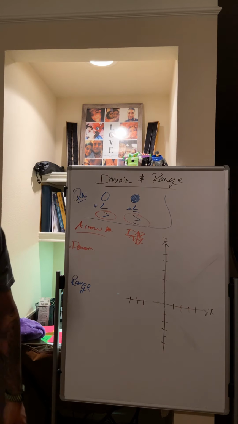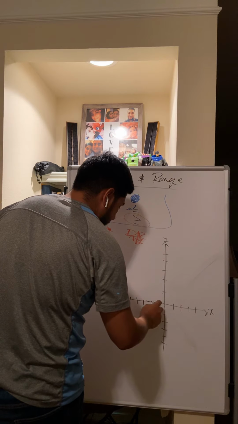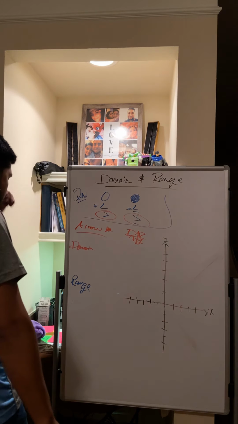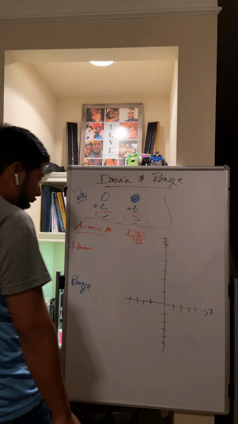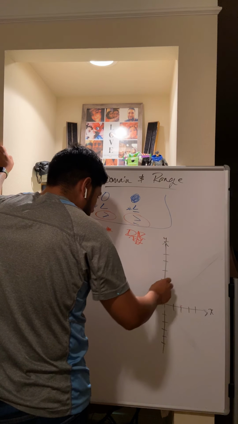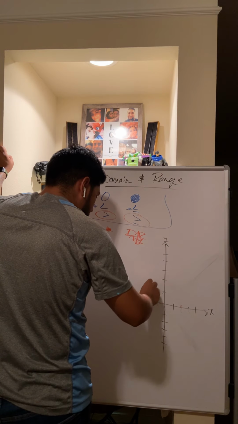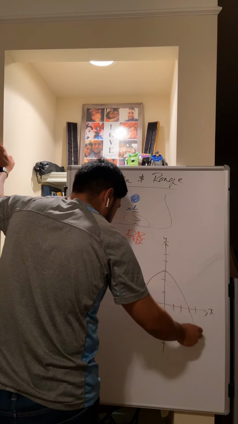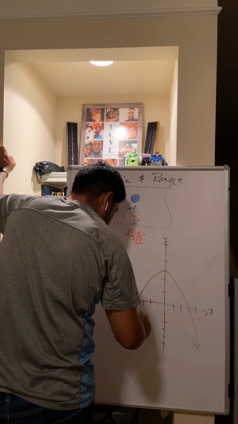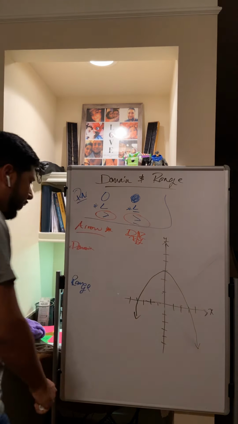Okay. So you're going to have certain situations where you see a parabola. What does that mean? So parabola, it looks something like this. Two arrows. Not the most beautiful arrows, but these arrows are going forever and ever.